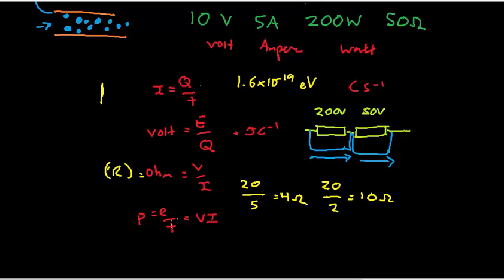Now power is measured in something called watts, and its base unit is joules per second. It's the amount of energy used per second across a component. If a device uses 20 joules of energy in 10 seconds, the power is only 2 watts.